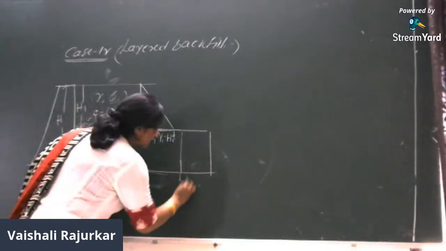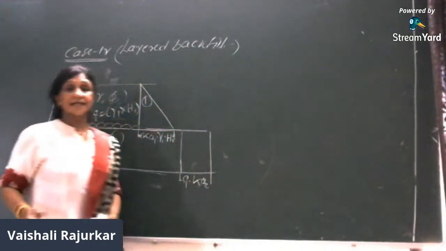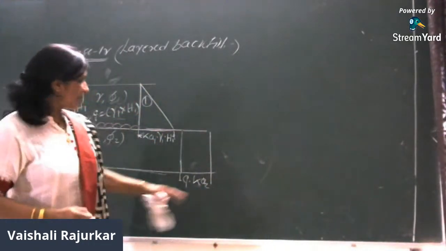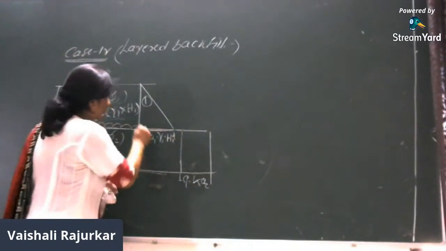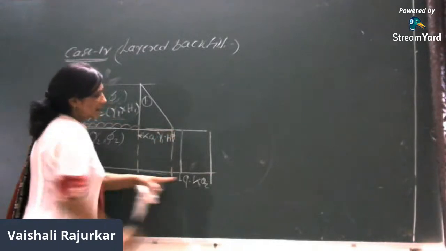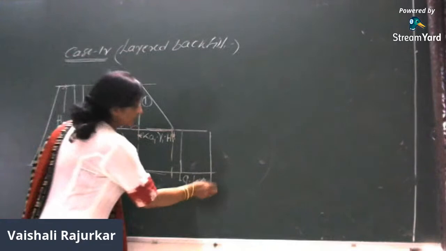Here, this is Q into Ka2. Now in the previous case, as the soil was the same, it was Ka1. Whatever intensity you have obtained, the same we can carry down. But here, this Ka2 is different for the different layer, therefore it will be a different one.